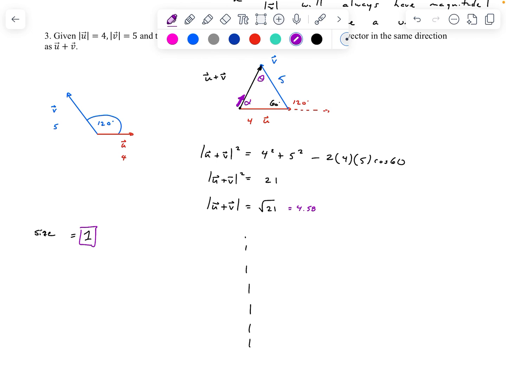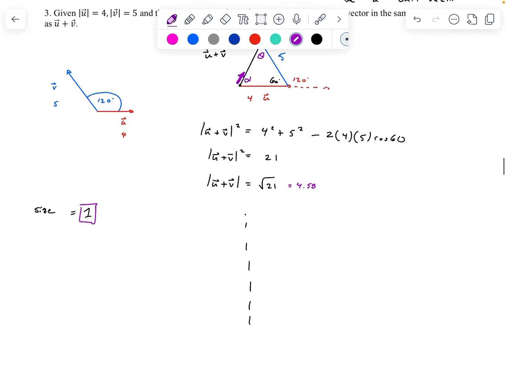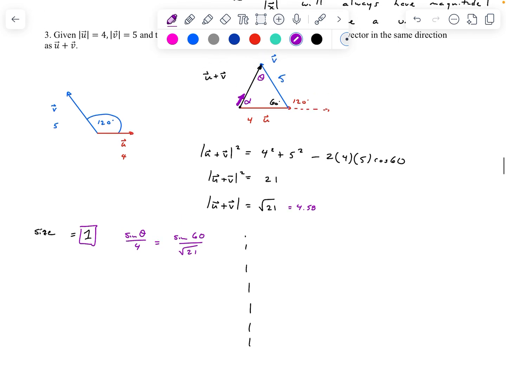It's not the angle I want, but I'm going to look for it. And I'm going to say sine theta over 4 is equal to sine 60 over root 21. Quadrant 1, quadrant 2 answers, but I know it's going to be a quadrant 1 answer because theta has to be less than 60 because 4 is less than root 21.